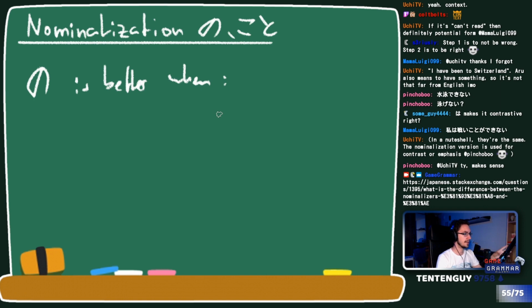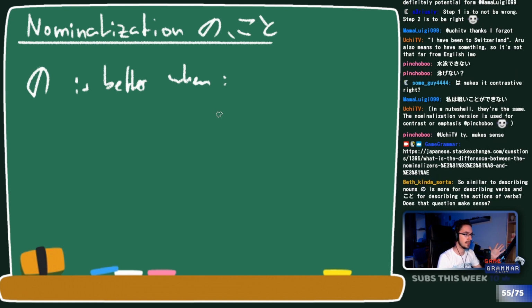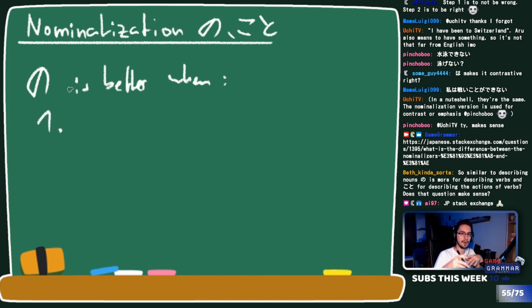So here we have three main cases. One is when the following verb has anything to do with your senses. The ones mentioned in the article are stuff like kiku, kikoeru, miru, mieru, kanjiru. These are all things that have to do with your senses.